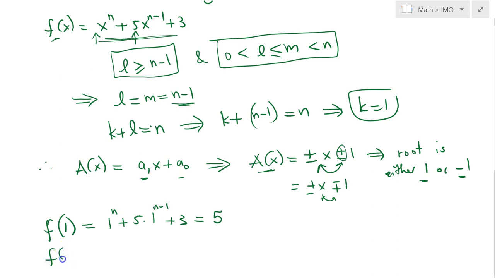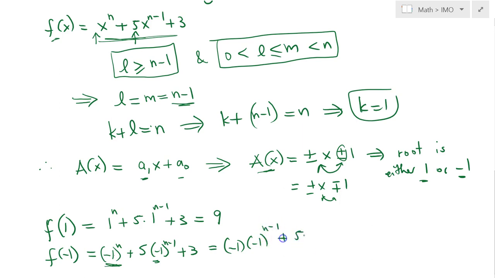And finally, f of negative 1 would simply be equal to minus 1 to the power n plus 5 times minus 1 to the n minus 1 plus 3. The first one I can write as minus 1 times minus 1 to the n minus 1, plus 5 times minus 1 to the n minus 1, plus 3.